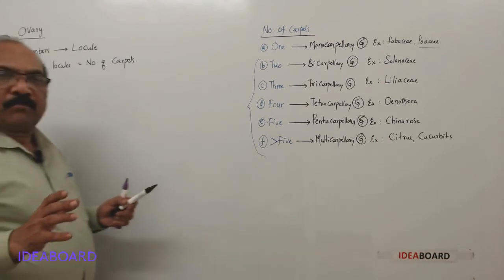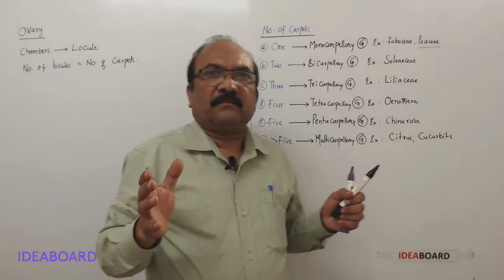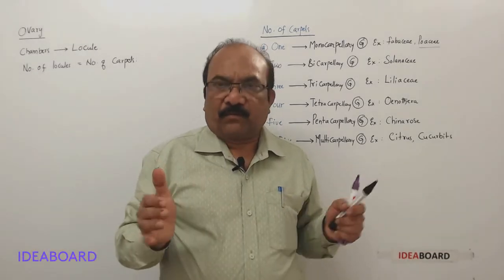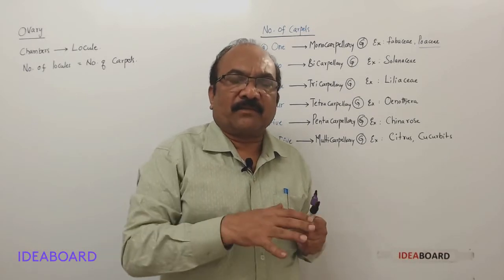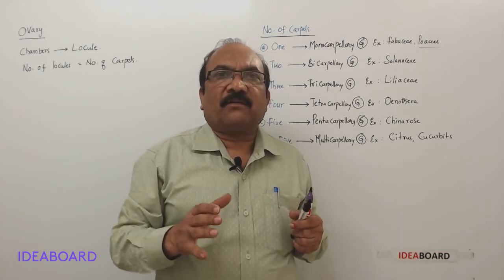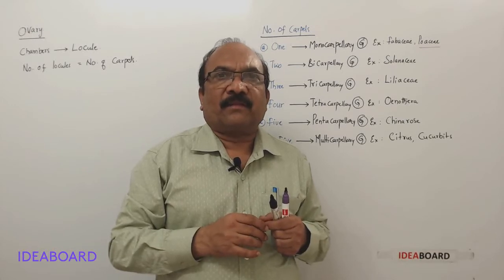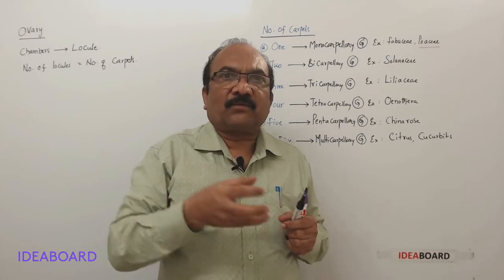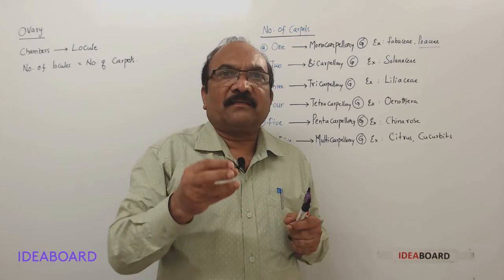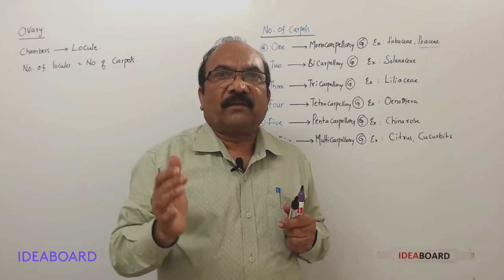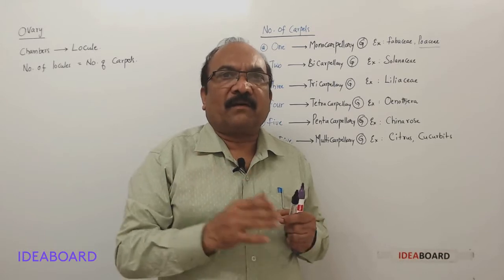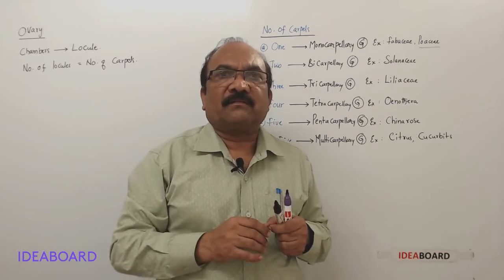So the bulbous portion of the gynoecium is ovary, and inside the ovary you will find some chambers, and these chambers are called locules. And in those locules you will find the ovules, and the number of ovules will vary from plant to plant or from species to species.